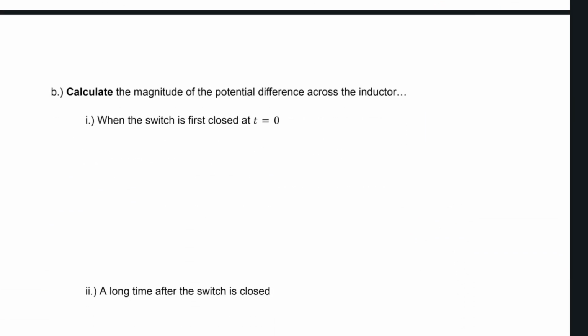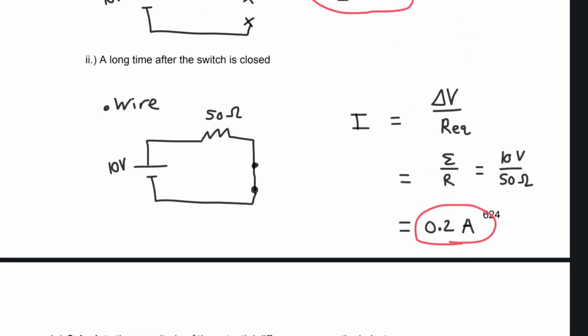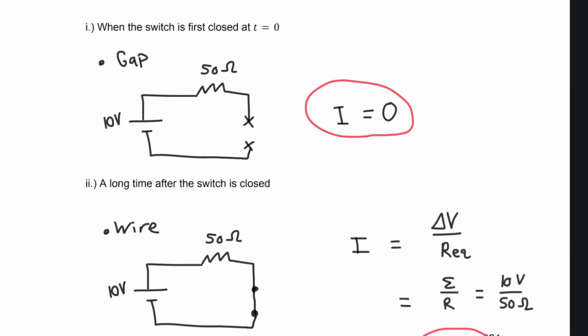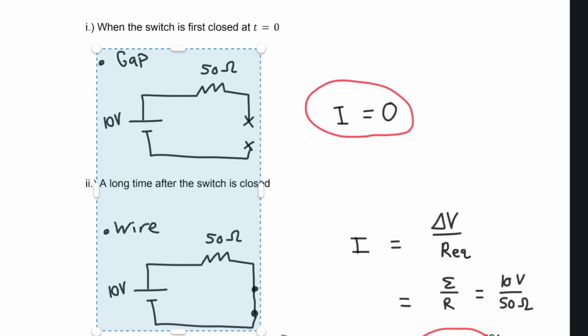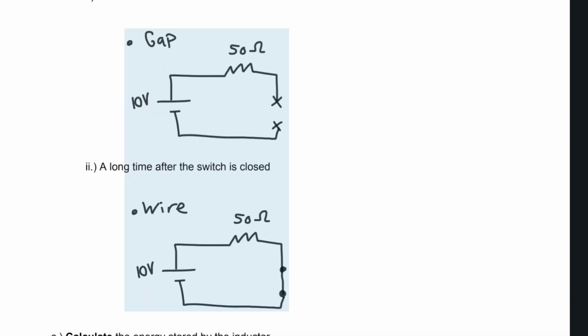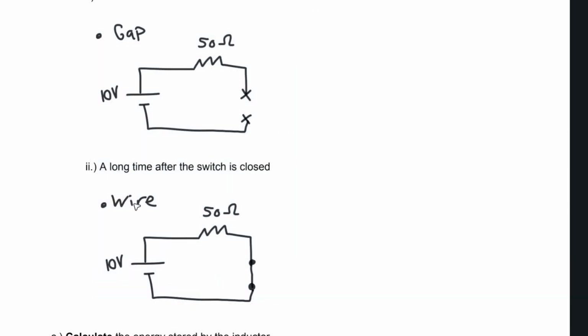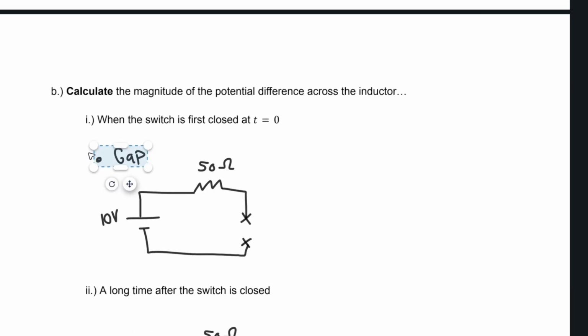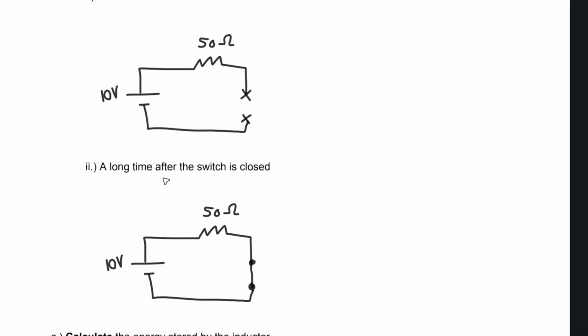Then find the magnitude of the potential difference across the inductor at each of these times. So once again, I think that we will just steal these diagrams, and now we will do some nice color coding here.